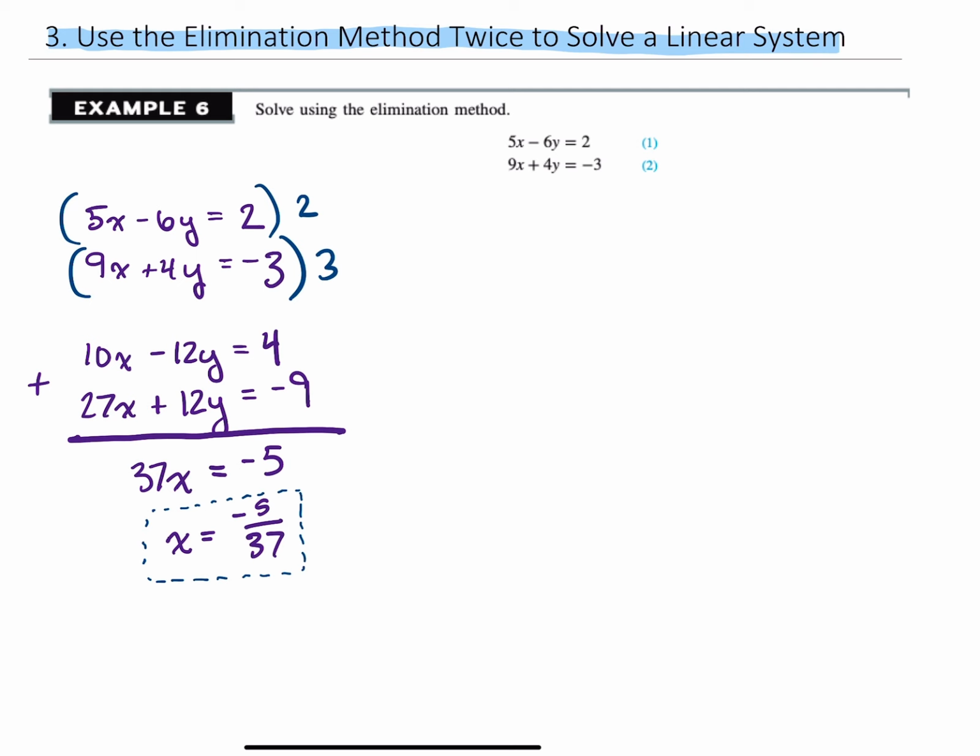Let me rewrite the two equations again. 5x minus 6y equals 2, and 9x plus 4y equals negative 3. So let's focus on eliminating the x's this time. I'm going to take the first equation and multiply it by 9, because I see the second equation has 9 for its x.